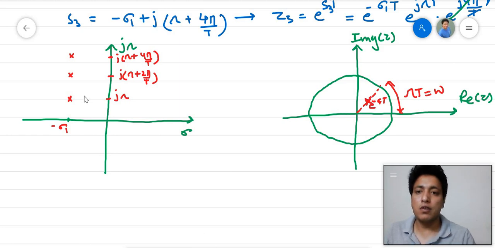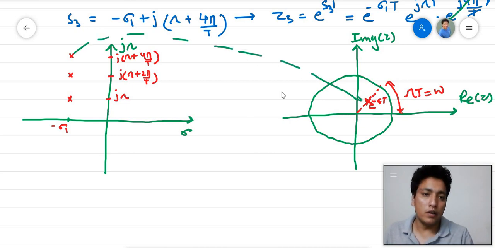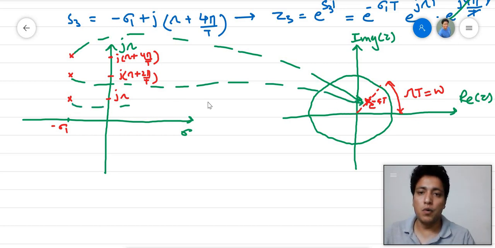The mapping is not 1 to 1 but many to 1. So this point is mapped to this point. This pole is also mapped to this point. And this pole is also mapped to this point.